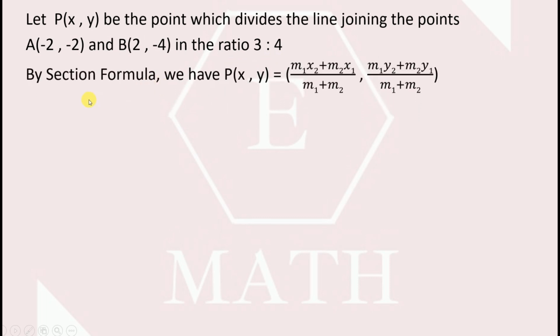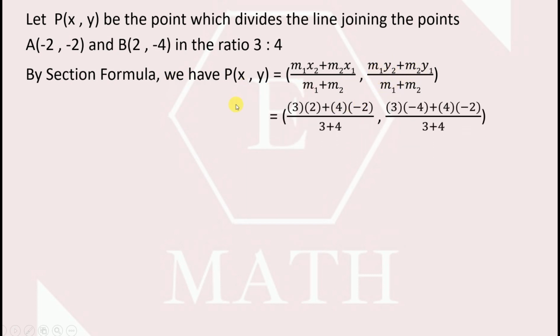Then we have the section formula, namely P of x, y will be equal to m1 x2 plus m2 x1 divided by m1 plus m2, m1 y2 plus m2 y1 divided by m1 plus m2. In the next step, we'll just have to substitute the values. This is our x1 y1 and point B is our x2 y2, and 3:4 ratio is our m1 and this is our m2.